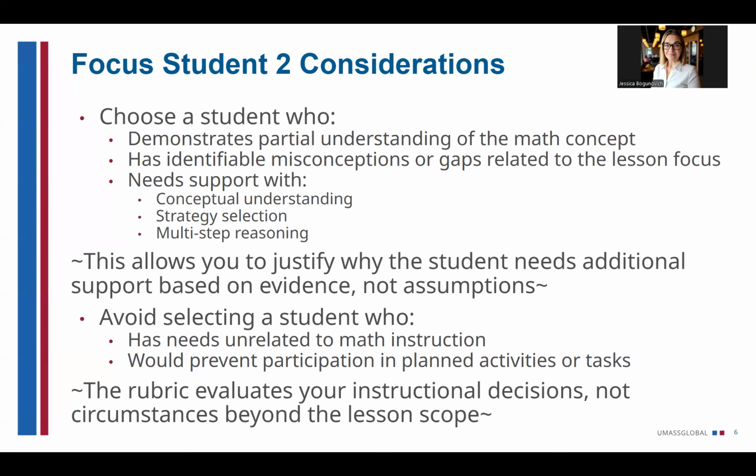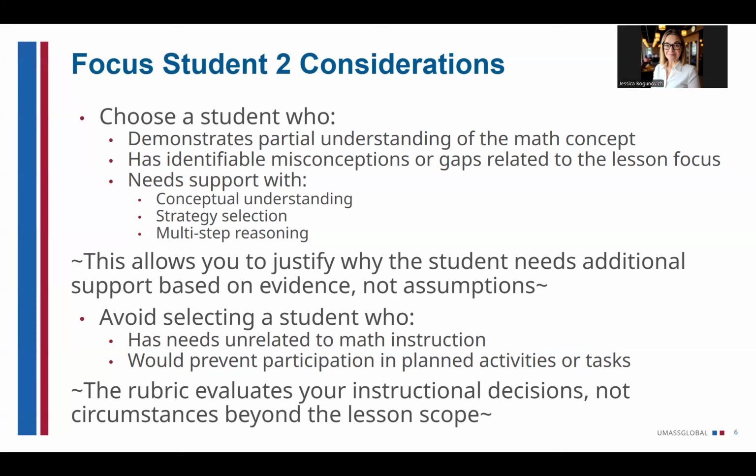This allows you to identify and justify why the student needs that additional support based on evidence, not just assumptions. Do not select a student who has needs unrelated to math instruction. Remember, this is the math cycle. And then also don't choose a student who would prevent participation in the planned activities or tasks.